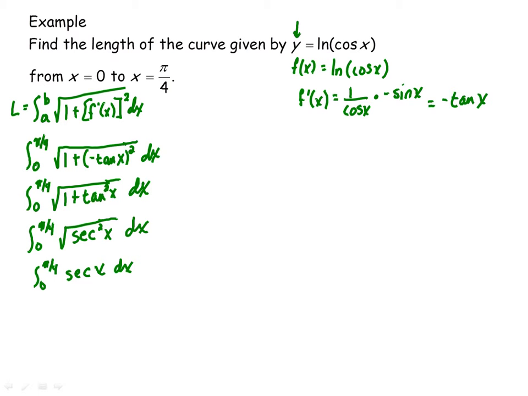Okay, and I'll be honest with you, I don't know this one, but I know how to find it. Let's see if you know how to find it. Get your formulas page out or look at the inside front cover of your book, either way. And tell me what the integral of secant u du is.